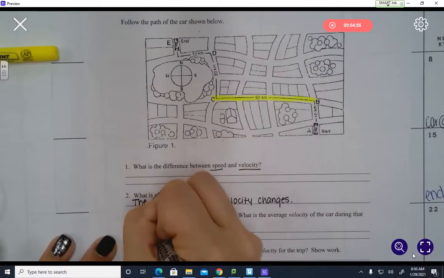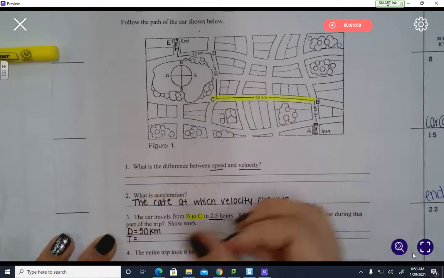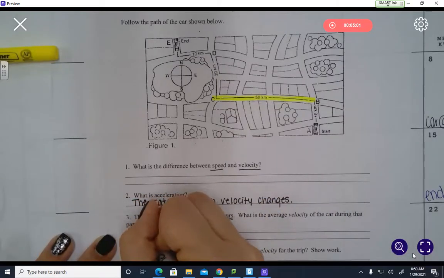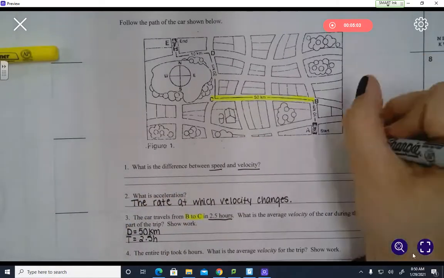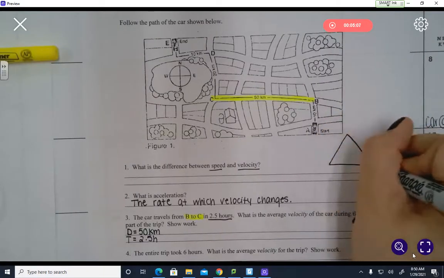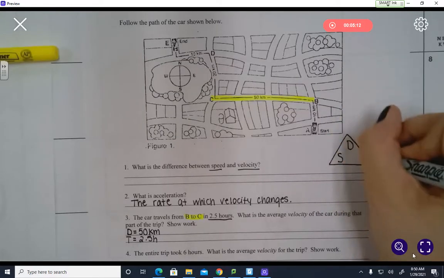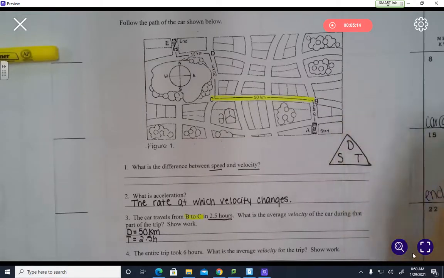My time is going to be 2.5 hours. And remember, we have that triangle that we use where speed is distance divided by time. And I'm going to use a different color.